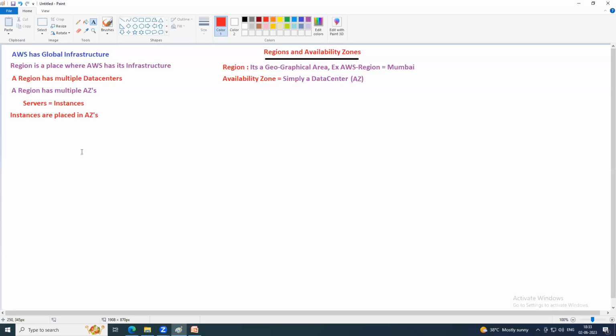Which is the most favorite region for AWS? North Virginia. Maybe that is a favorite place. Remember, not Singapore, not Mumbai. Why do I say this?